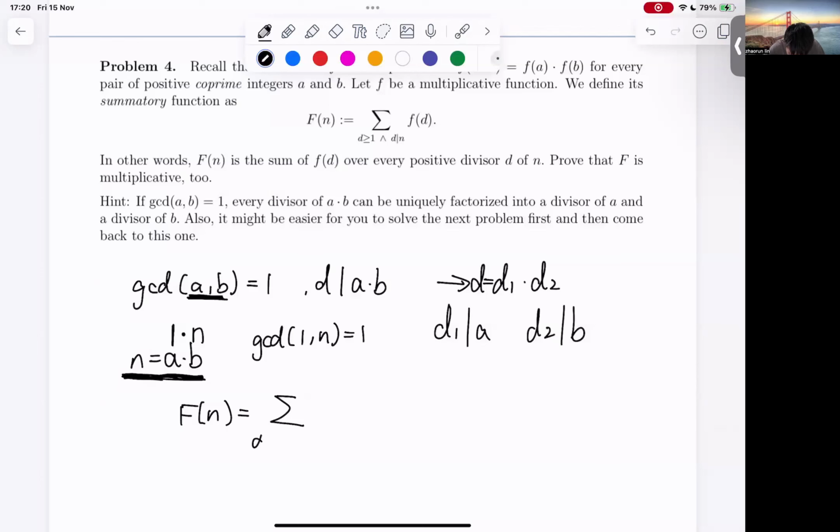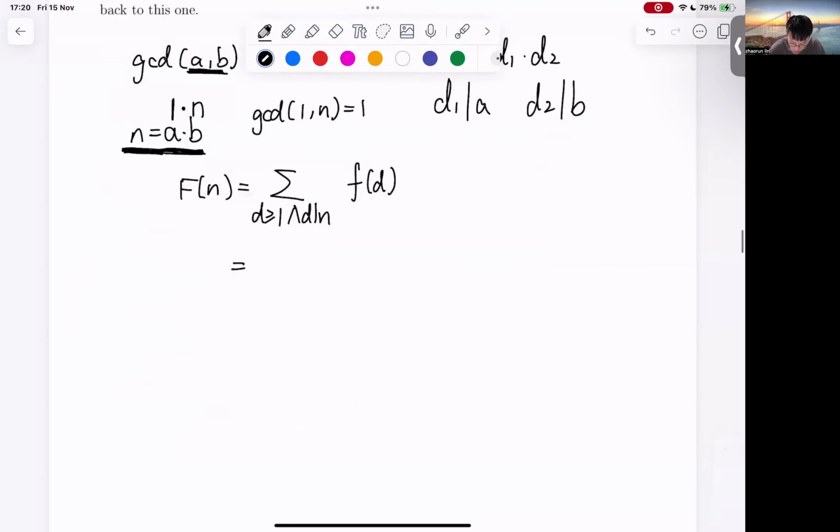So we have F(n), we sum up f over all of the divisors of n, and this little f is a multiplicative function.